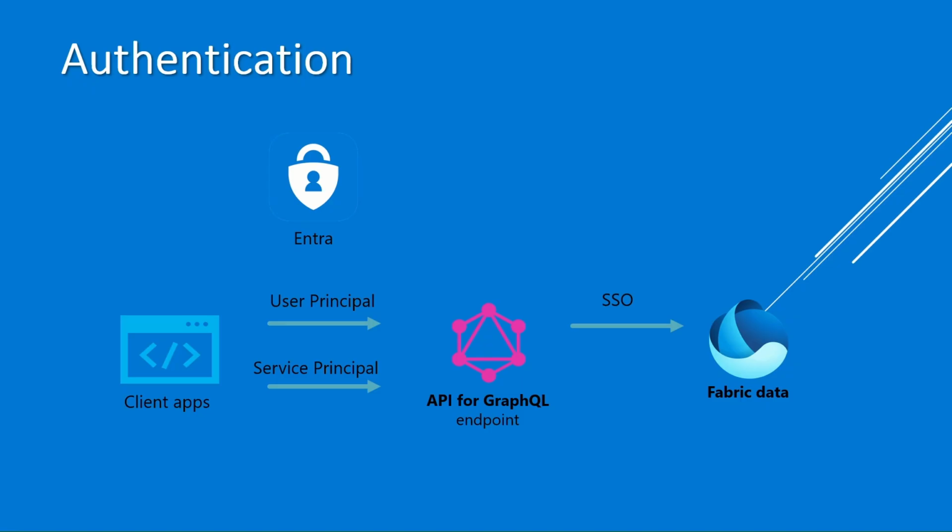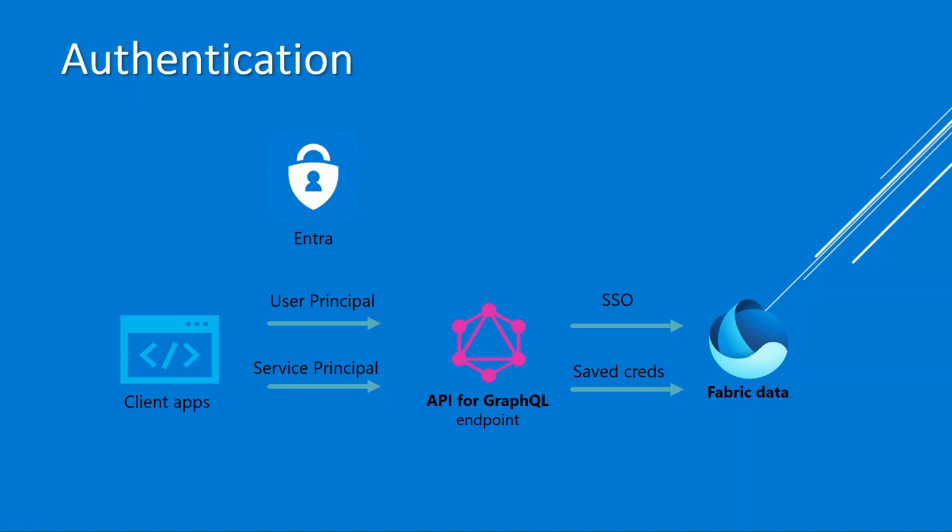So that's a very common use case for external applications, can be mobile or web applications. And you can add the service principal as a database or data source user. So it could also use the same pass-through SSO capability.